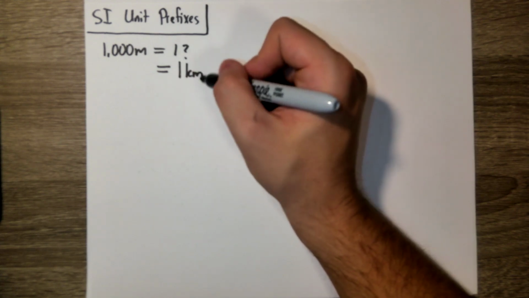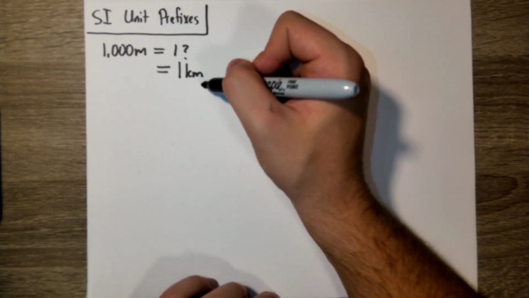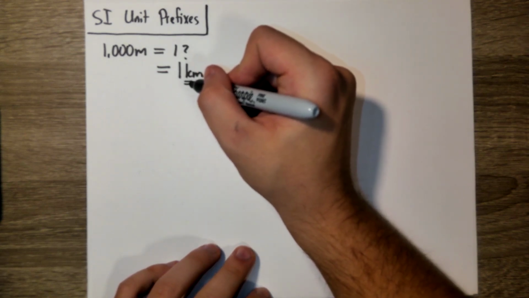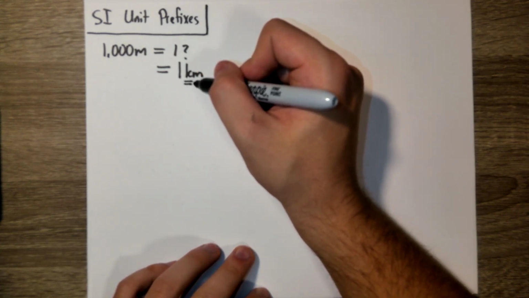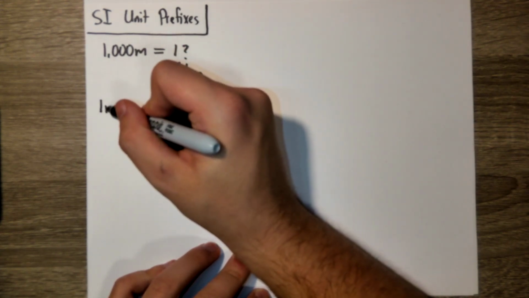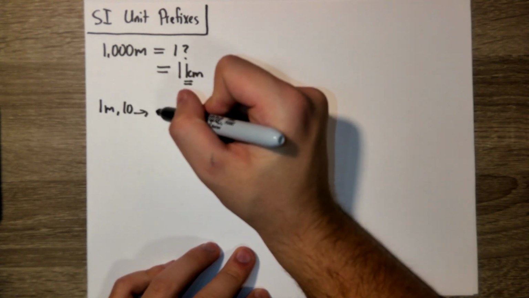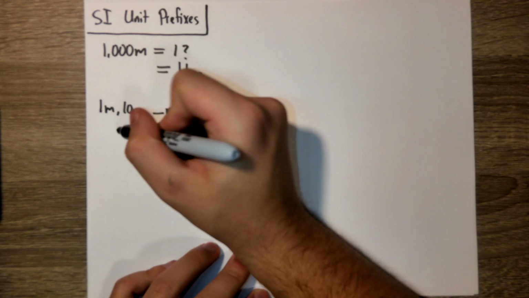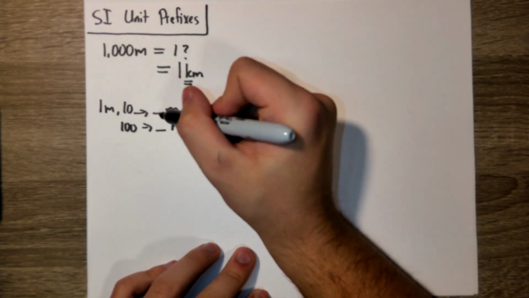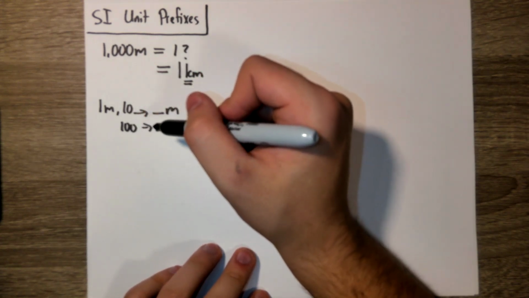So there are rules to these prefixes. You can't just come up with them at random. And the rule is that you can have a different prefix at every factor of 10. So 1 would be the meter, then 10 would be something equivalent to a something meter, so blank meter. 100 is equivalent to something else meter, something different from this, because 10 and 100 are not the same.